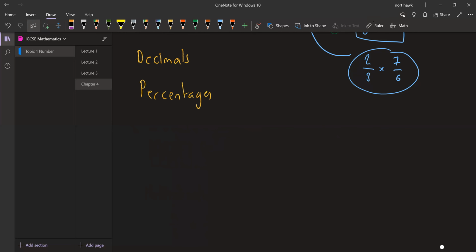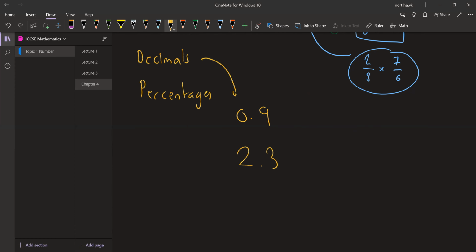Whereas decimals are something that's written at the base of 10, right? For example, 0.5, 0.8, 0.9. That's also a decimal. Or 2.3, that is also a decimal, which is essentially 2 plus 0.3.